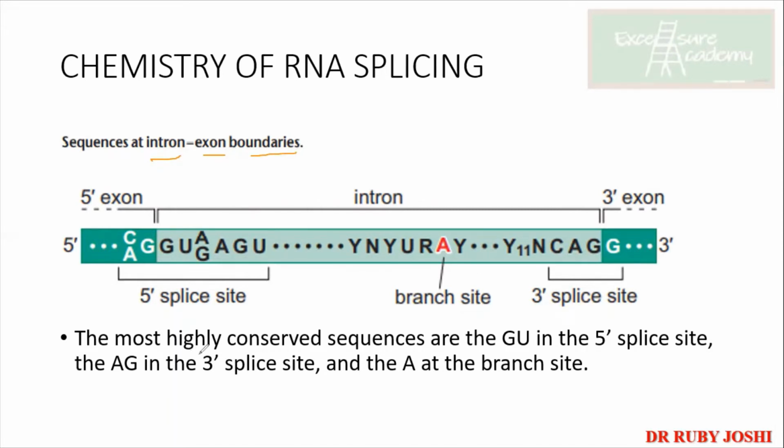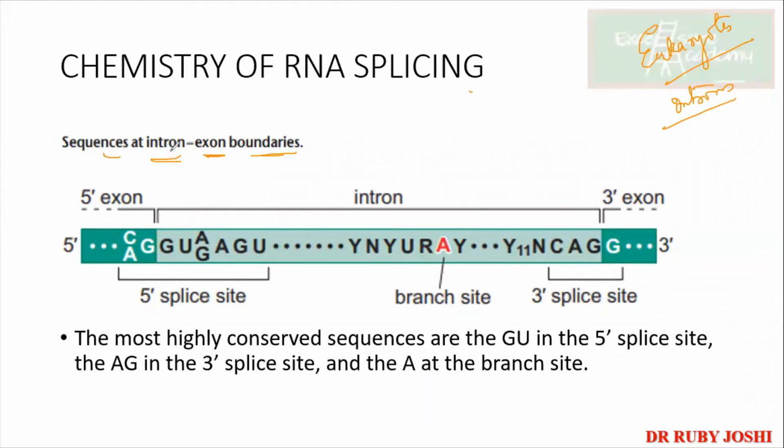So the most highly conserved, first of all, RNA splicing happens only in eukaryotes. Why? Because in prokaryotes you don't have introns, so there is no need of RNA splicing. Correct. In eukaryotes, introns are present, and that's why you need RNA splicing before it goes for translation. Now the information is present at the intron-exon boundaries, and that information is nothing but the sequence.